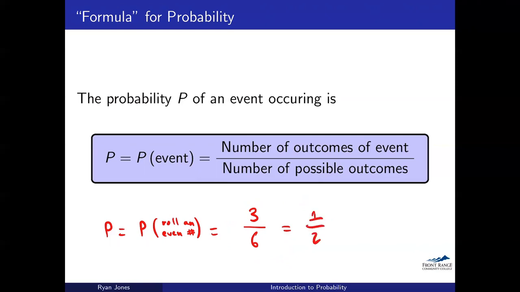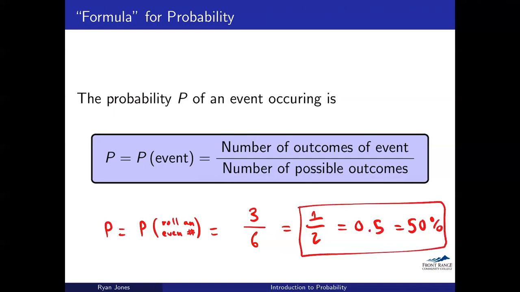We'd simplify first to 1/2. I could write that as 0.5. I could write that as 50%. And unless I specify, any of these are fine as your final answer. This 3/6 would not be okay because it's not simplified, but 1/2 would be okay, as is 0.5 or 50%.